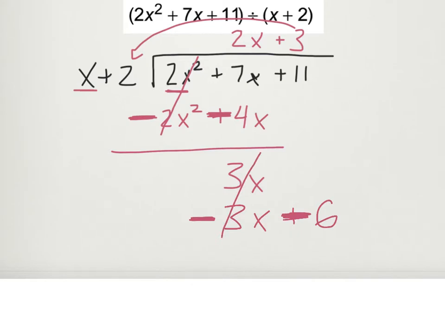And now we just combine the 11 and the negative 6. So what's 11 minus 6? 5. Now nothing times x will give us 5, so our remainder is 5. And this is our final answer.